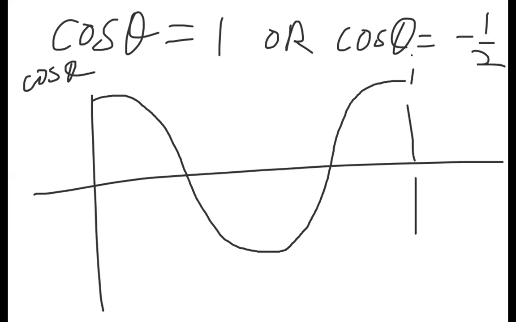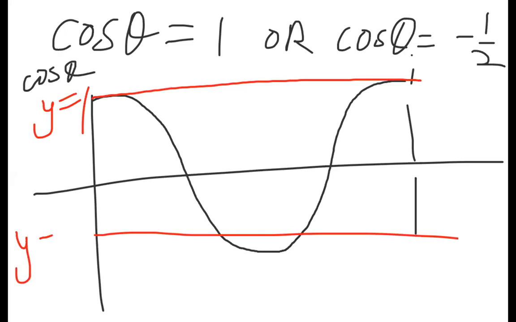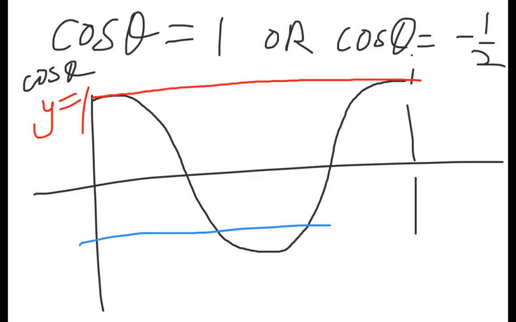So we want to look at the intersection with y equals 1 and the intersection with minus 1 half. Right? For the intersection with y equals 1, it basically is the starting point 0, 1.